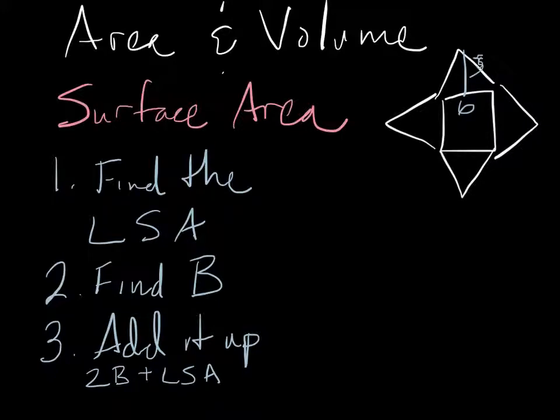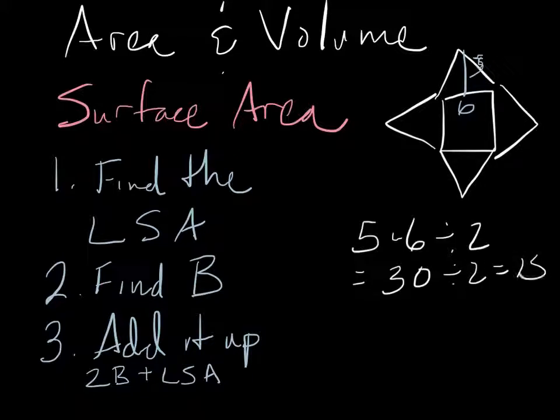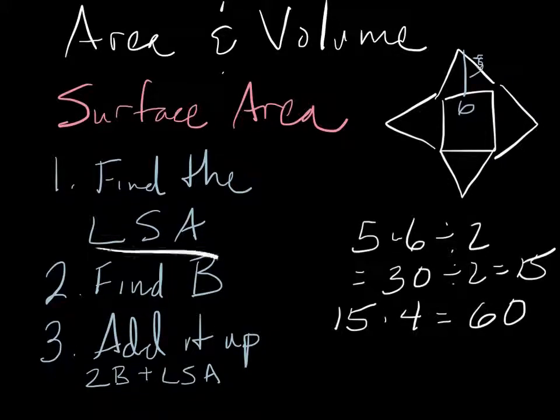First we need to find the area of every single triangle. That's 5 times 6 divided by 2, so 30 divided by 2, which is 15. Now we take 4 of those, 15 times 4, which is 60. That's your lateral surface area.